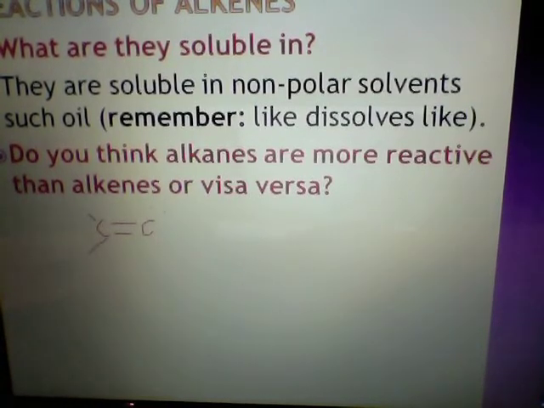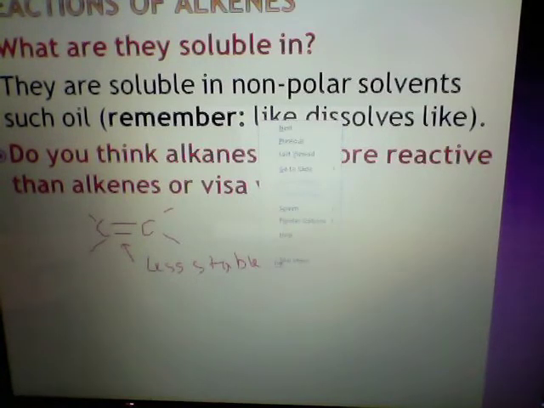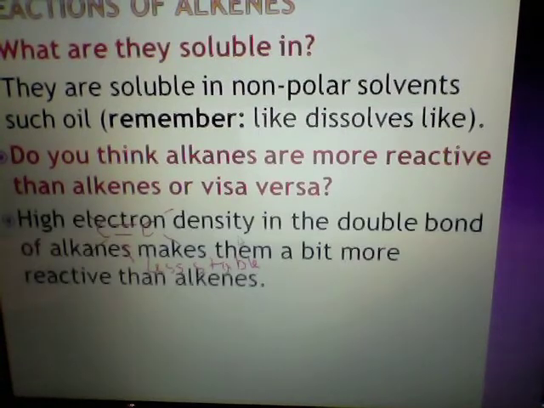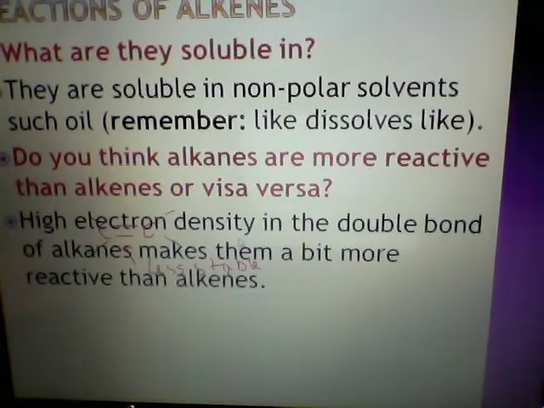It's got more electrons in there, so it's less stable than a single bond. So it will in fact undergo more reactions. The high electron density in the double bond makes them a bit more reactive than alkanes.